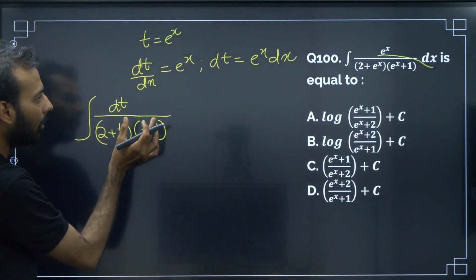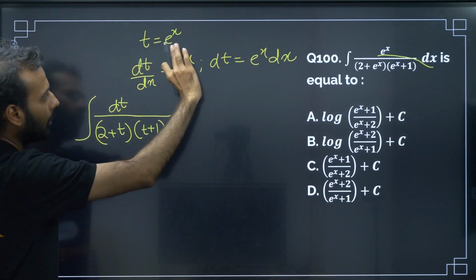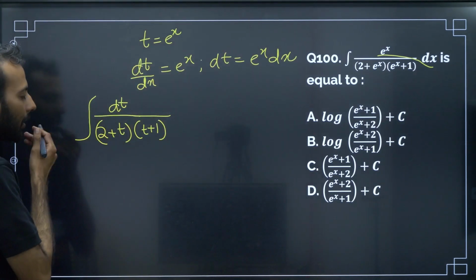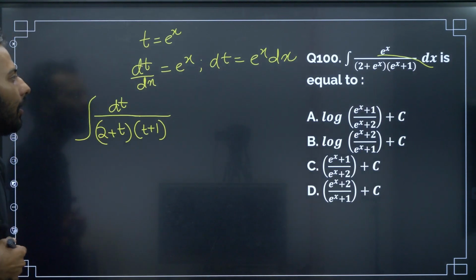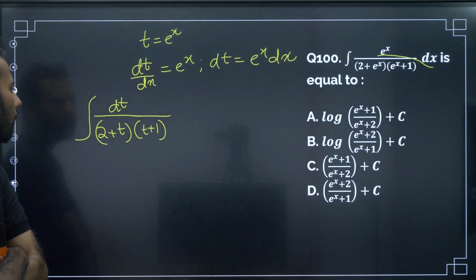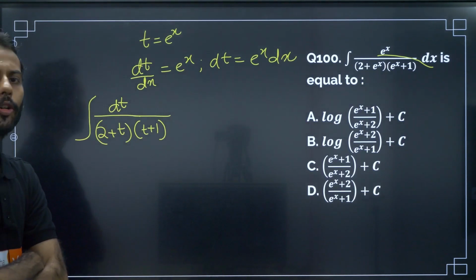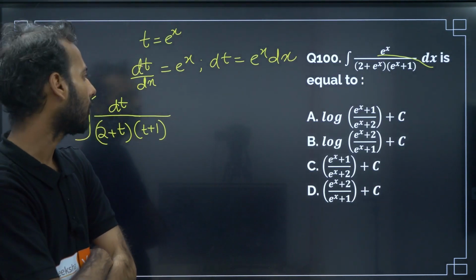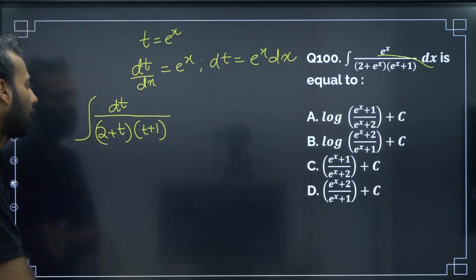You observe carefully these substitutions, so we reach here. Now if you observe this expression, it is in simple form. There are some linear terms in the denominator. Whenever linear terms are there in the denominator, it is better to go for partial fractions.